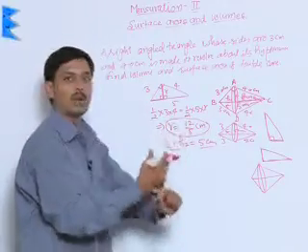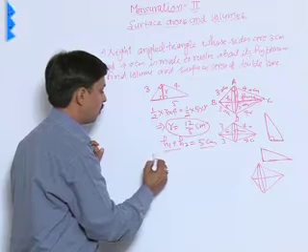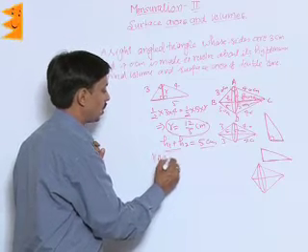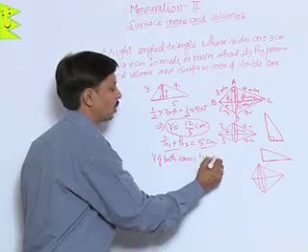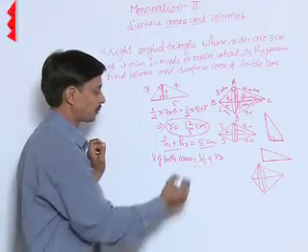Now we want to calculate the volume of both the cones. The volume of both the cones is equal to the volume of the first cone plus the volume of the second cone.